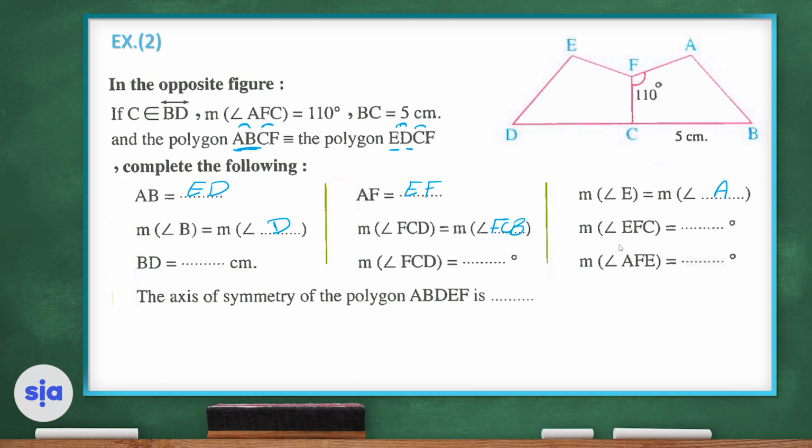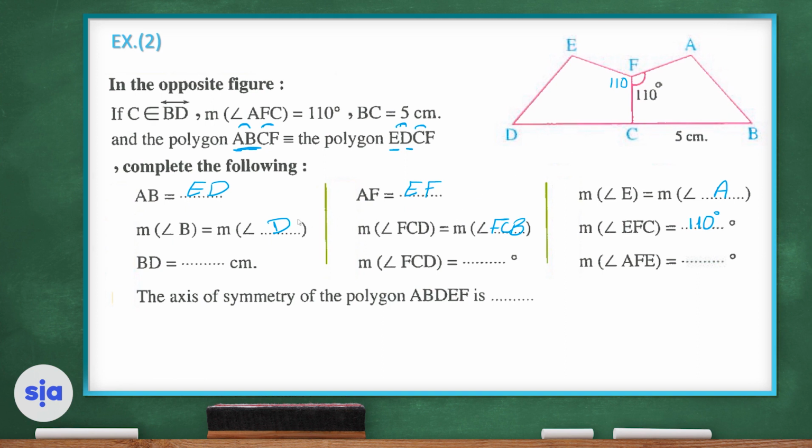The measure of angle EFC is how many degrees? The measure of angle EFC is 110 degrees. Why is it 110 degrees? Because EFC is congruent to AFC. AFC is 110, so this one is also 110.